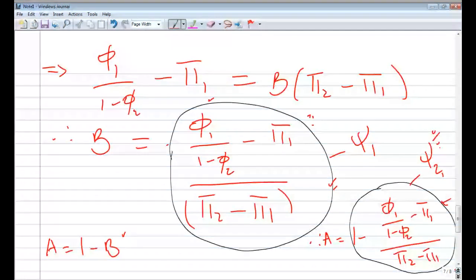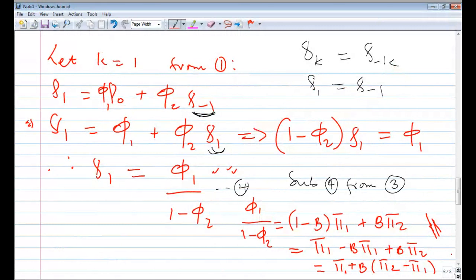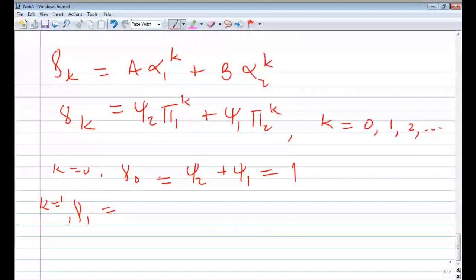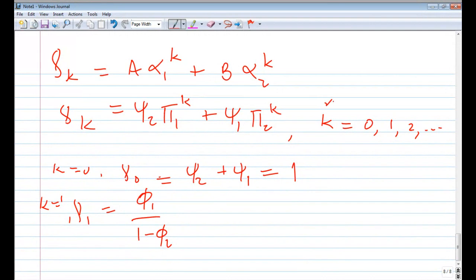We have already calculated rho 1 here, if you still remember. Rho 1 is equal to this one. Phi 1 divided by 1 minus phi 2. So even here, you have to find phi 1 divided by 1 minus phi 2, if you substitute k by 1 here. Because in our case, we are dealing with the complex thing.